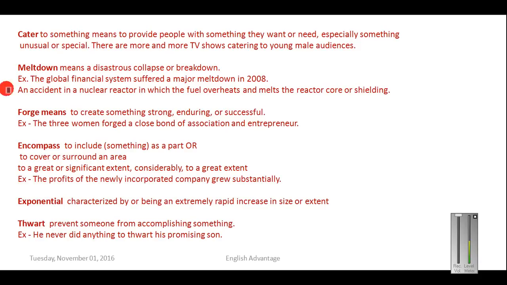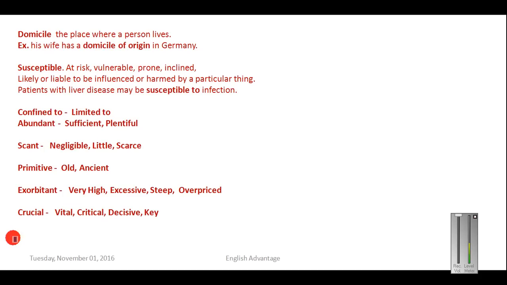Cater to means provide people with something that they need. Meltdown means a disastrous collapse. Forge means to create something very strong. Encompass means to include. Exponential means growing something very rapidly. Thwart means to prevent something. Very important meanings I have given here.